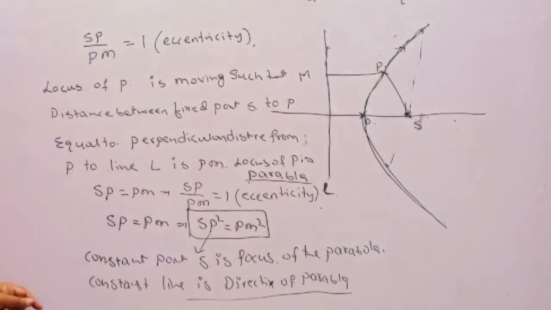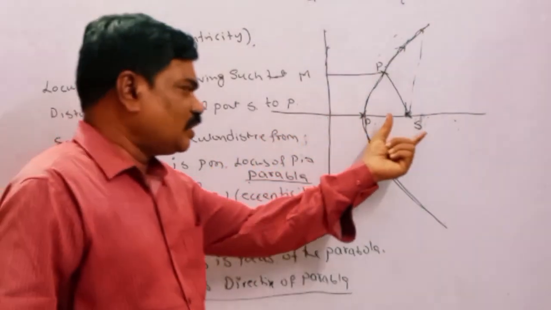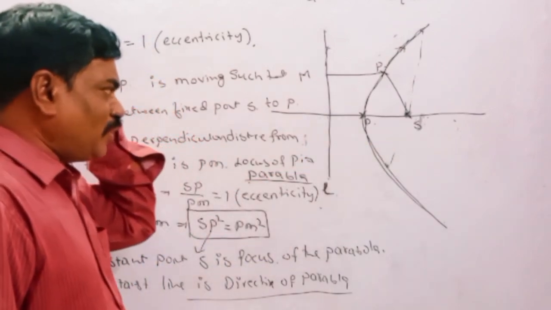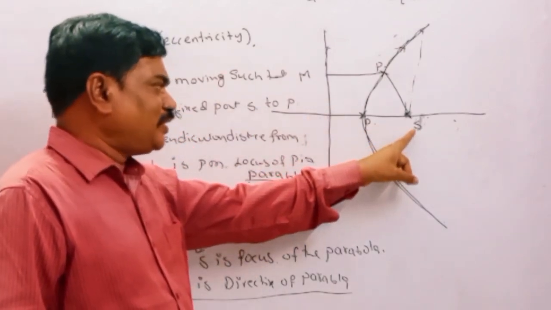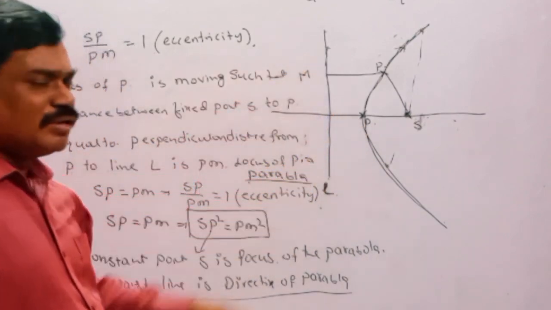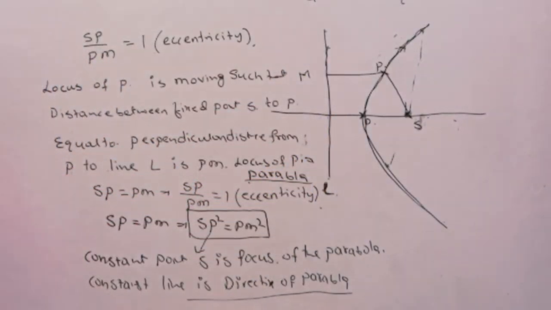Okay, all of you. This is the focus of the curve. The fixed point is the focus of the curve, and this line is the directrix of the curve.